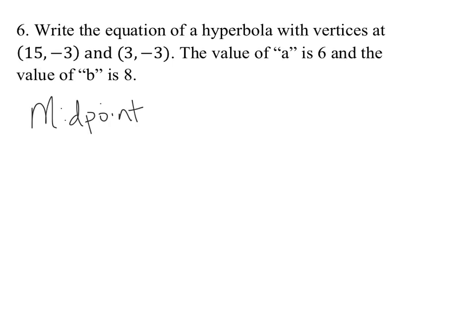So we're going to add our x's together and divide by 2. And we're going to add our y values together and divide by 2. Hold on, this is not supposed to be a plus sign, that's a comma.